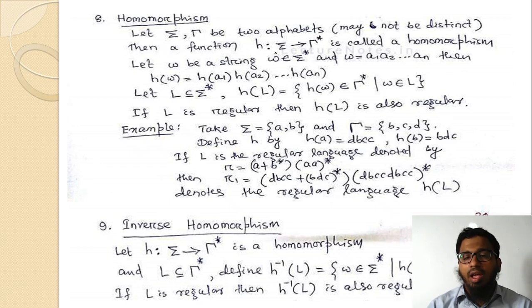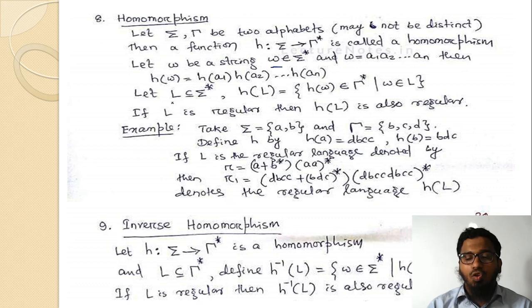A function h from sigma to delta star is called a homomorphism. Let w be a string in sigma closure, with w equal to a1 a2 so on an. Then h of w is h of a1, h of a2, so on, h of an.